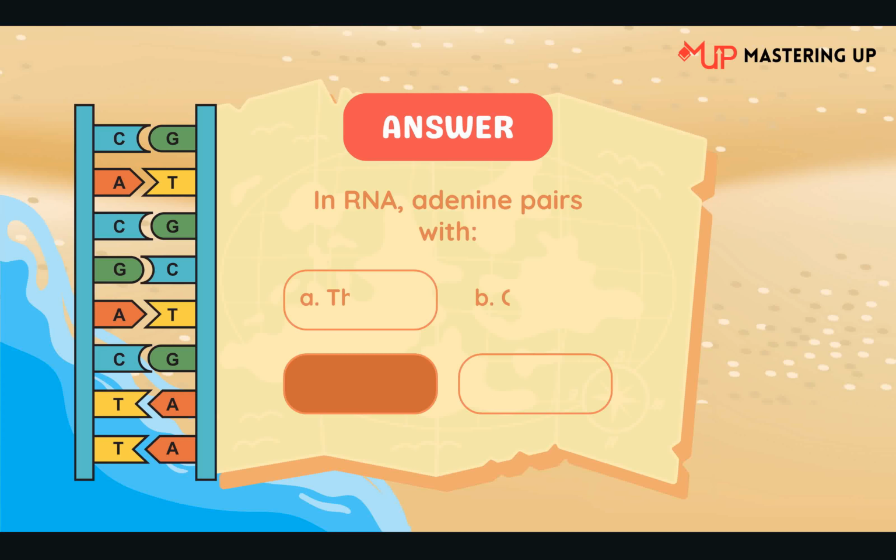The answer is uracil. Hope you all got the correct answer, because in RNA, thymine is replaced by uracil, so adenine will pair with uracil.